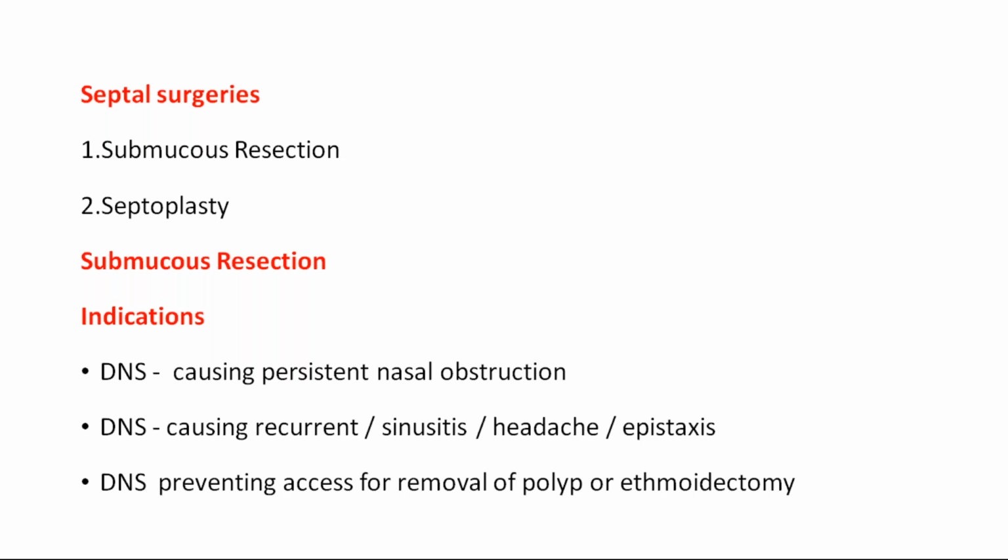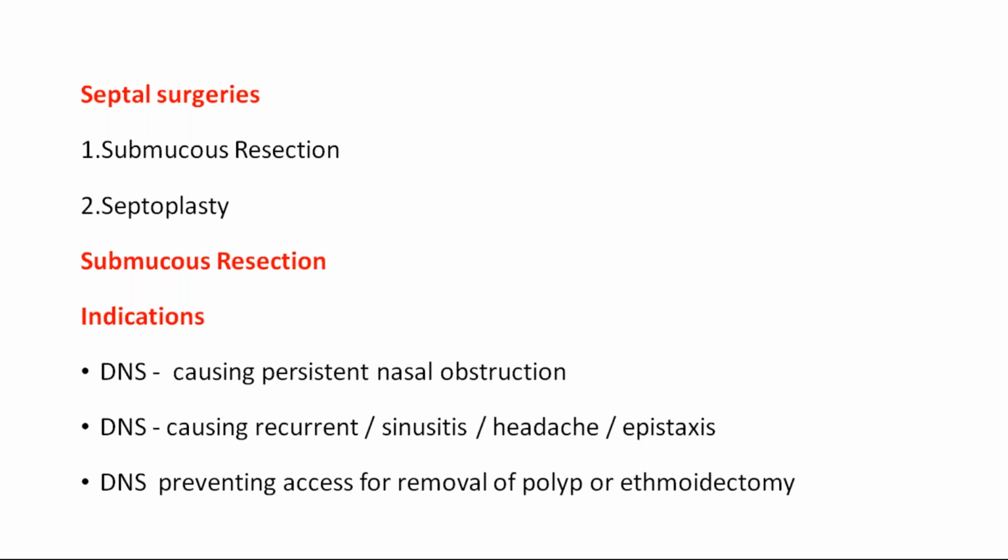So after elevating the mucoperichondrial flap on the opposite side, you have the cartilage in your hand. Now comes the cutting technique. Cutting technique means scoring of the cartilage. Scoring means you give parallel incisions on the cartilage.